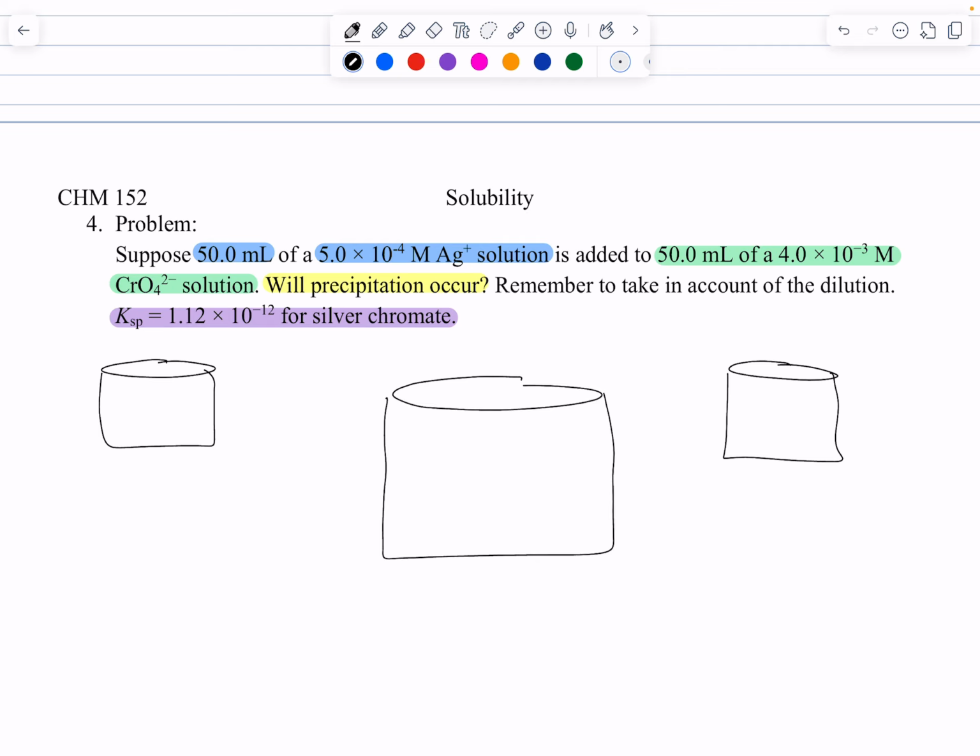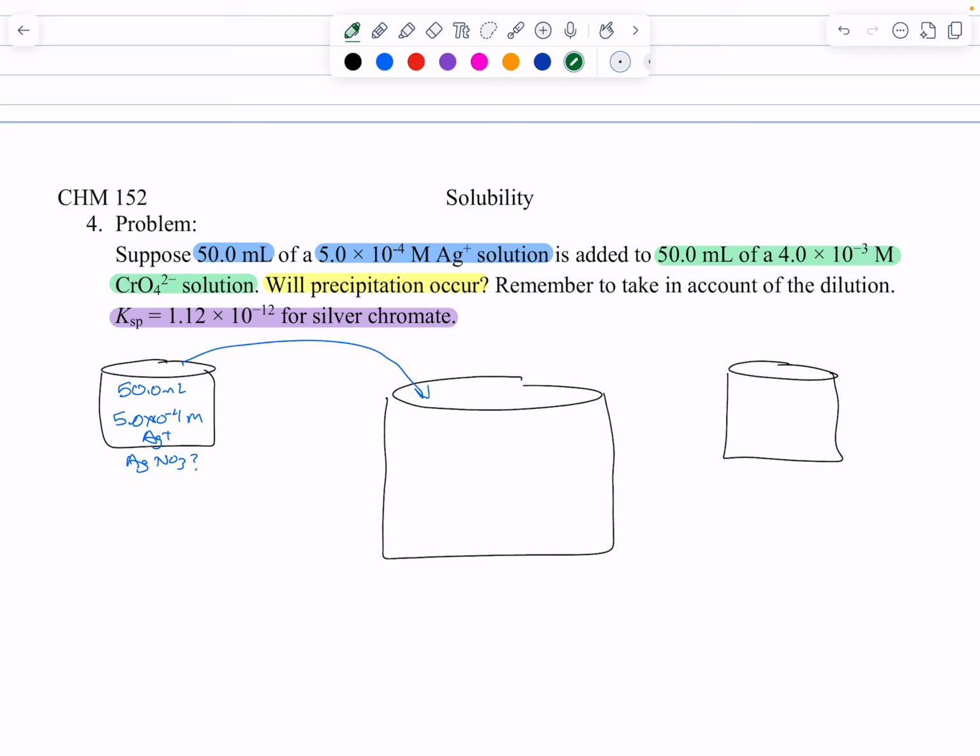All right, so we have 50 milliliters, 5.0 times 10 negative 4 molar, and this is for Ag plus. So maybe it's AgNO3. It could be nitrate. Most likely it's something soluble. Typically, that's going to be silver nitrate. And we're going to put that into here.